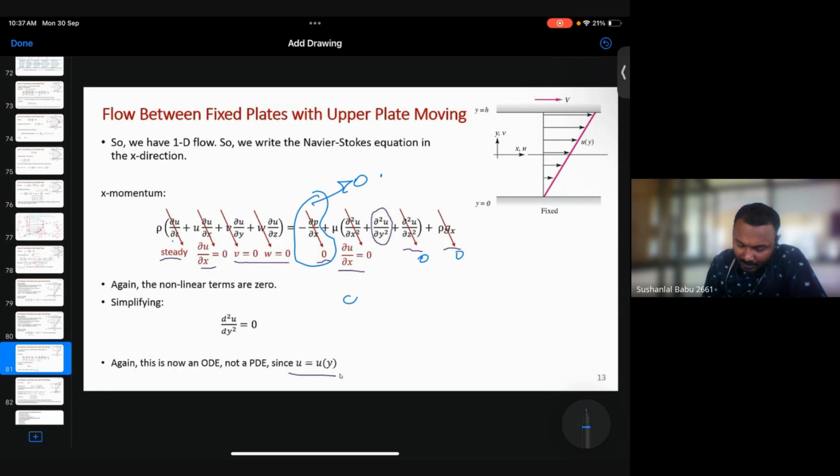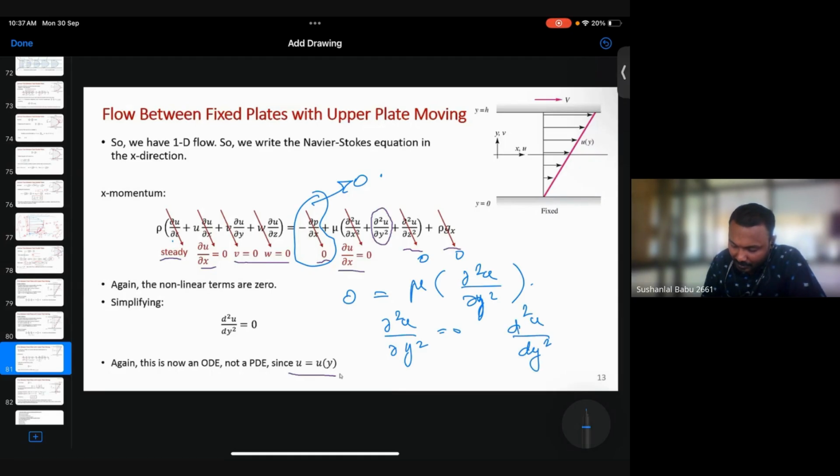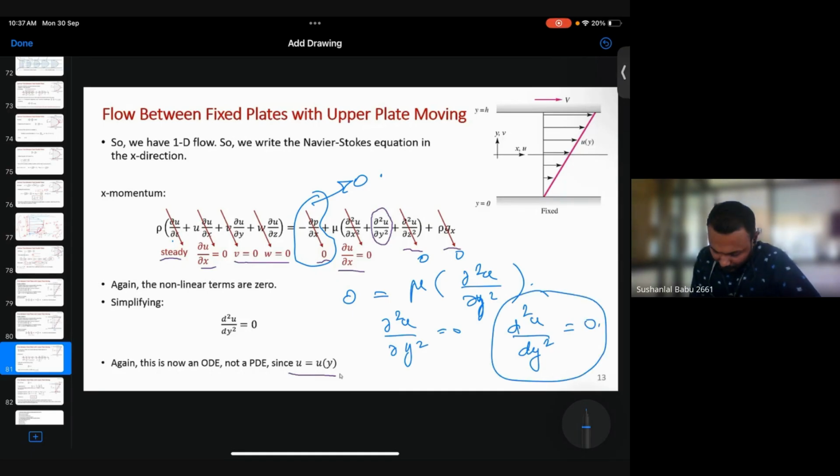So we will get 0 is equal to mu into dou square u by dou y square. If you simplify, we get dou square u by dou y square is equal to 0. Since u is depending only on y, we can write d square u by dy square is equal to 0. So the PDE becomes an ODE now.